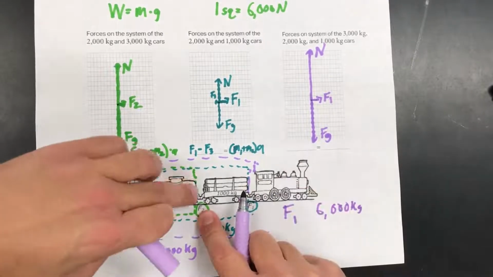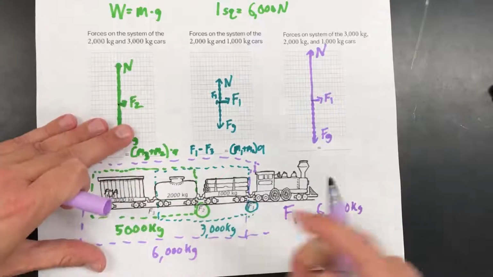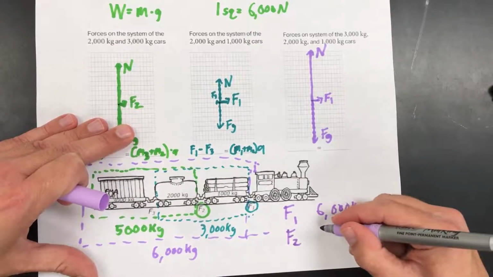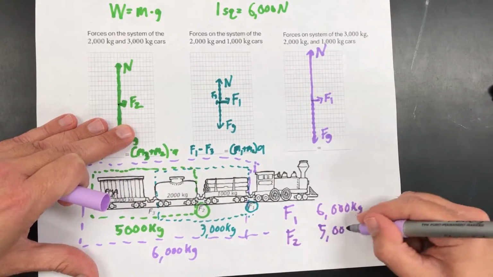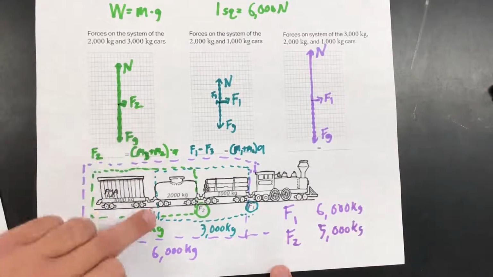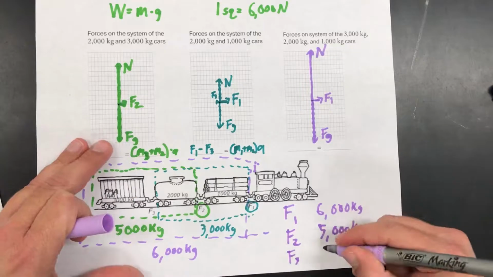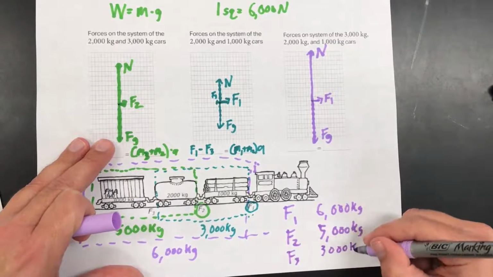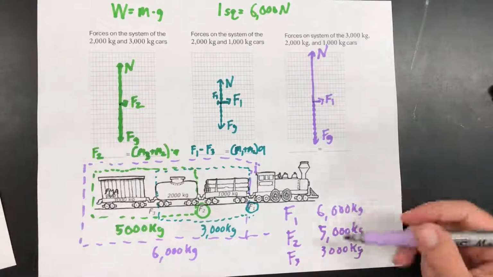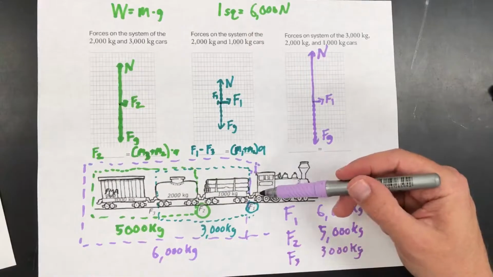If we think about F2, it's responsible for pulling these. So F2 is responsible for pulling 5,000 kilograms of mass. And then F3 is just pulling this last car here. So F3 is pulling 3,000 kilograms of mass. So we know that F1 has got to be the biggest force.